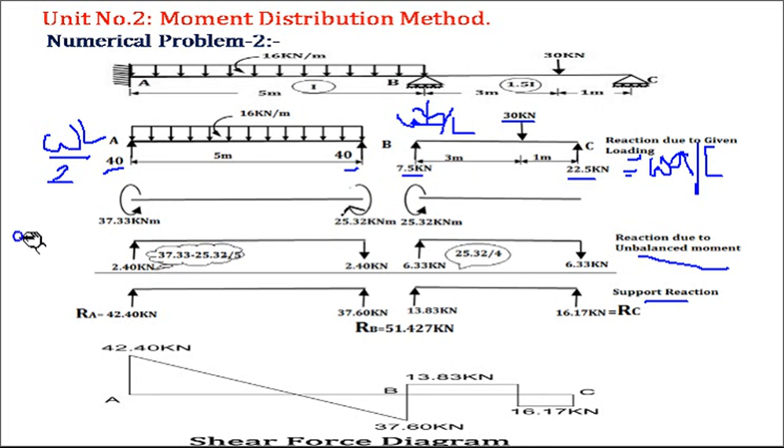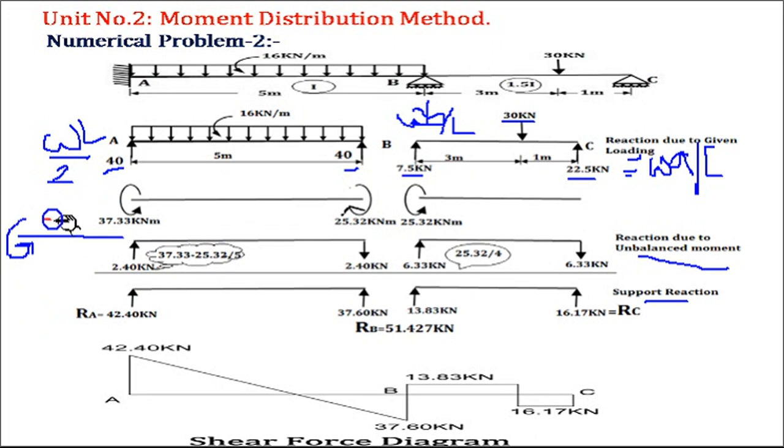Now here there will be an unbalanced moment. The sign of the unbalanced moment will be anti-clockwise, because if you compare these two moments, 37.33 is more and it is acting in anti-clockwise direction. So this unbalanced moment will rotate the structure in anti-clockwise direction.